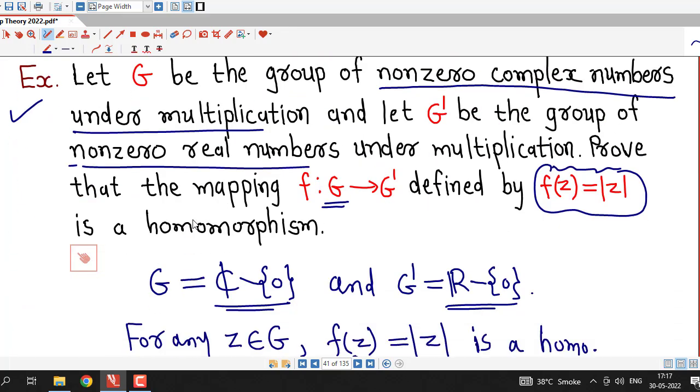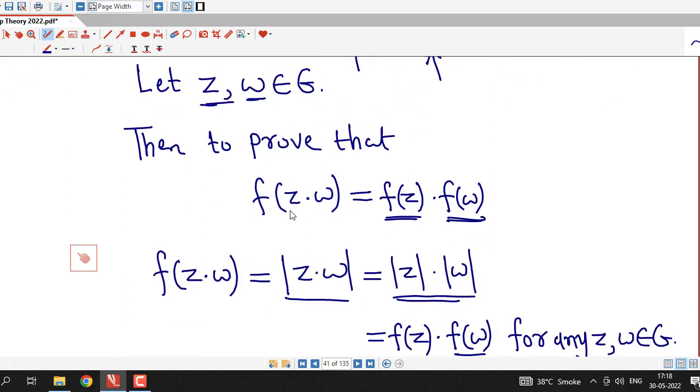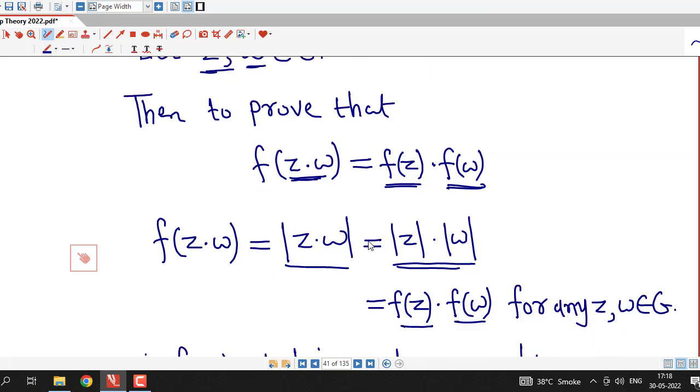In this example, the operation is multiplication in both the groups. For the group of non-zero complex numbers, the operation is multiplication of complex numbers, and here the operation is standard multiplication of real numbers. Here we have used multiplication of complex numbers, and here we have used multiplication of real numbers.